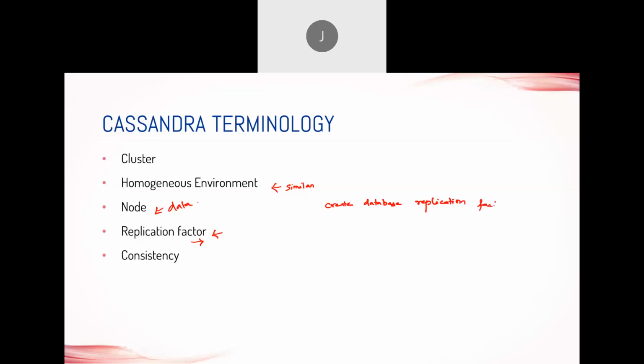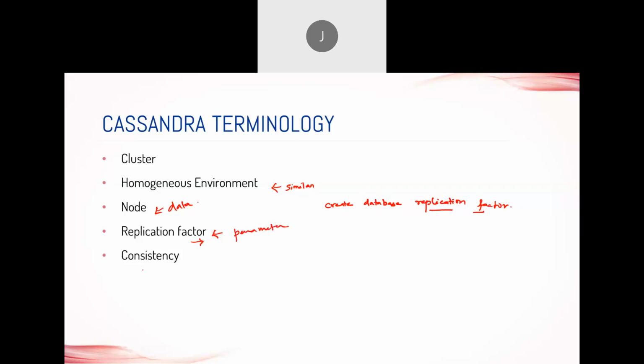In other cases like Hadoop, that is taken care of by the framework itself. But in Cassandra, you specify how many times your data has to be replicated, or in which data center it has to go and sit.